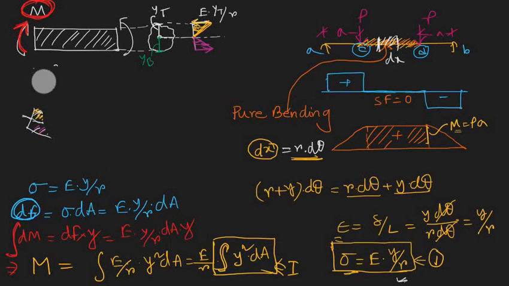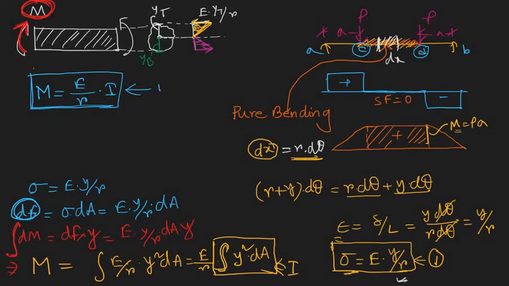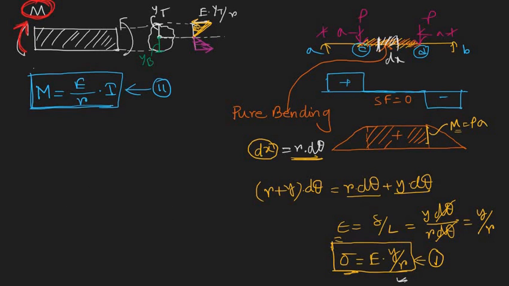So now we have this formula: moment M is equal to E by R times I. That's it. But you can see the stress is still not expressed in terms of moment. That was our aim. So let me erase everything. Initially we had the equation that stress is E by R times y.